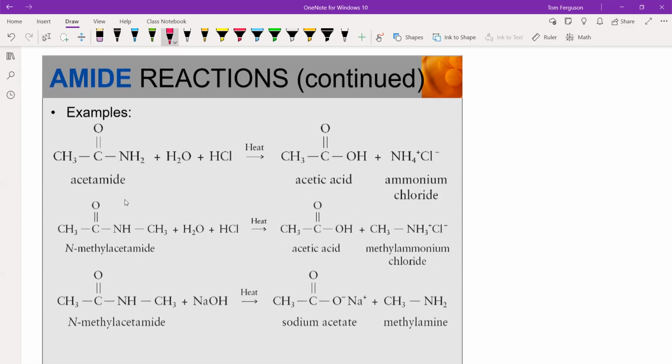So we have acetamide. Again, this is the acid part, amine part. And we have pH less than 7. When the acid breaks off of the amide, the H is going to go onto the acid right here. Actually, the OH goes there, and then the H goes there. We end up with an ammonium salt.